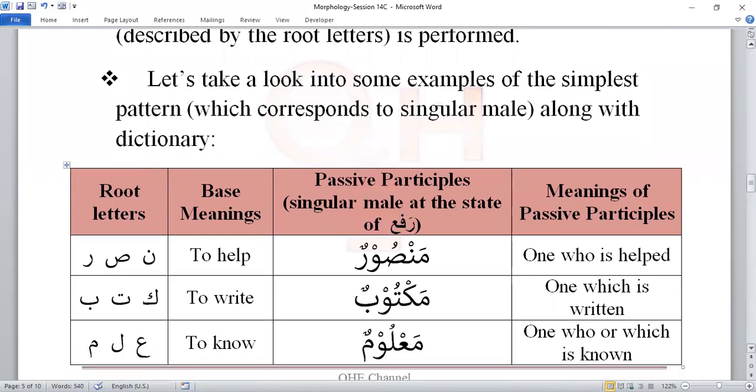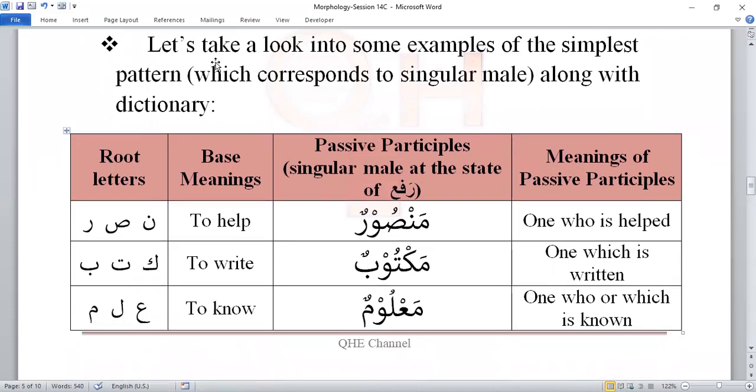Like the ismul fa'il, we have again another chart over here that carries root letters, base meaning based on the root letters, passive participle of singular male, and meanings of the passive participle. So for the set of root letters nun, sod, ra, the base meaning is to help.